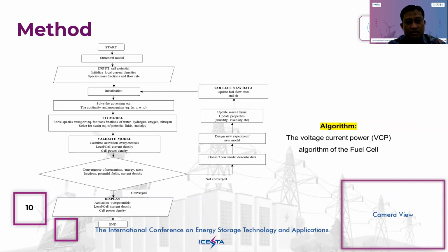This is the method. We use a flowchart algorithm for the current and power in my fuel cell. First, we use the structural model design and input cell potential to analyze the local current densities, and then fit the model and validate the model, and we get convergence of momentum, energy, mass fraction, and potential for current density.